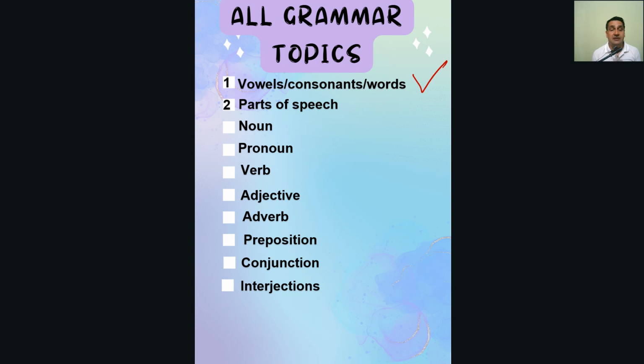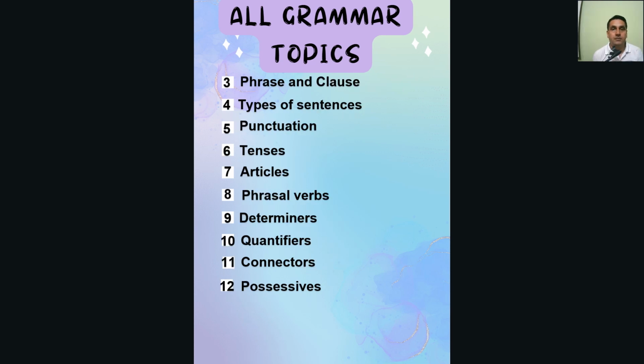Then we will start with parts of speech. One by one, we are going to cover noun, pronoun, verb, adjectives, adverb, preposition, conjunction, interjection. Then the next one we have is phrase and clause.